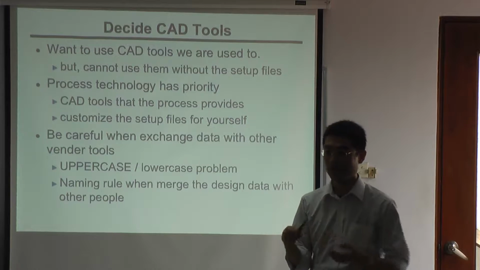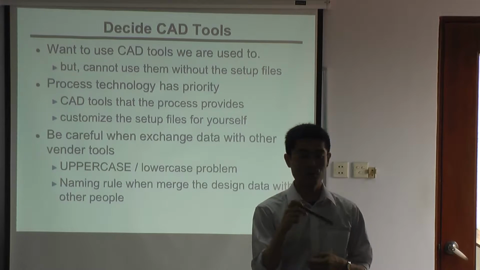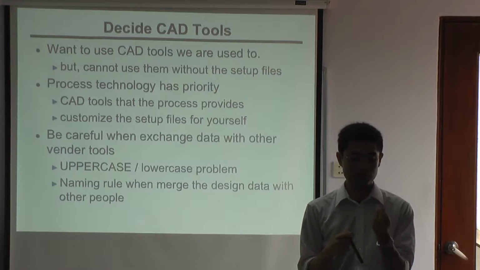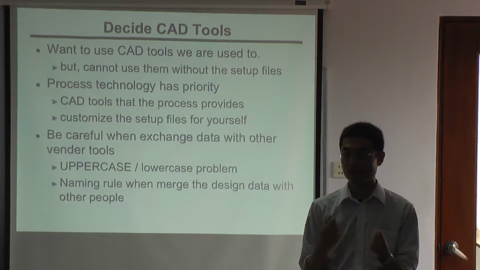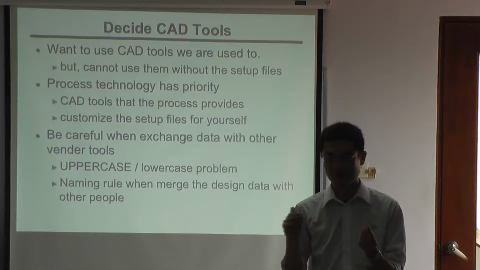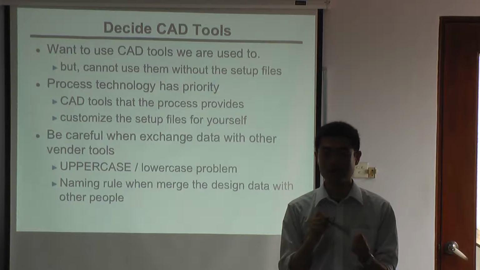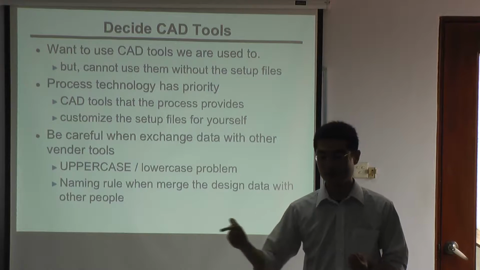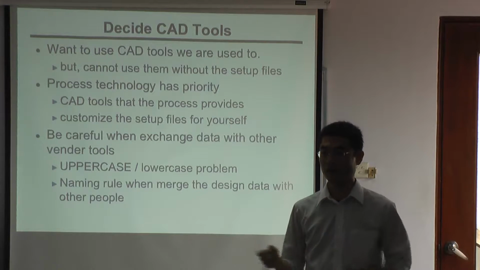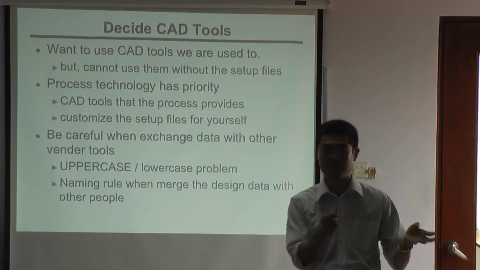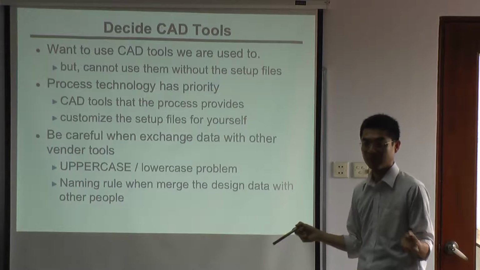So I recommend that first, before starting your design, you decide the rule that the cell name should have your name. So in my case, my design is always T underscore inverter. T means Takahashi. So another person will use A underscore inverter, or he will use T underscore something, and you will use AE underscore something.